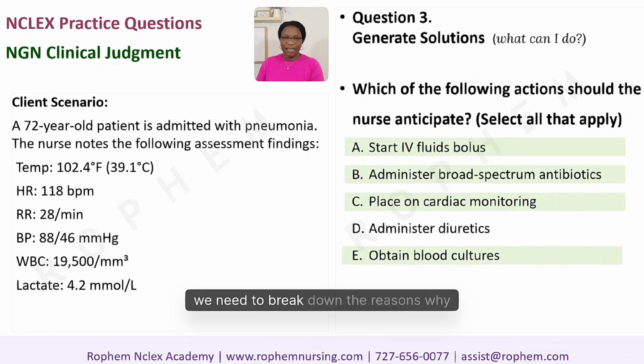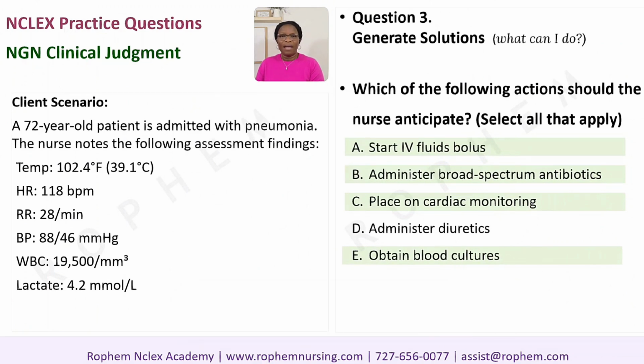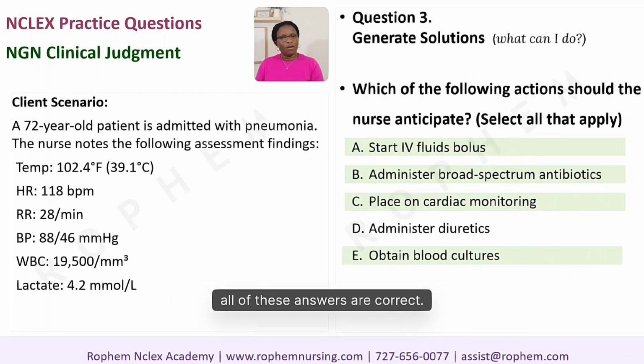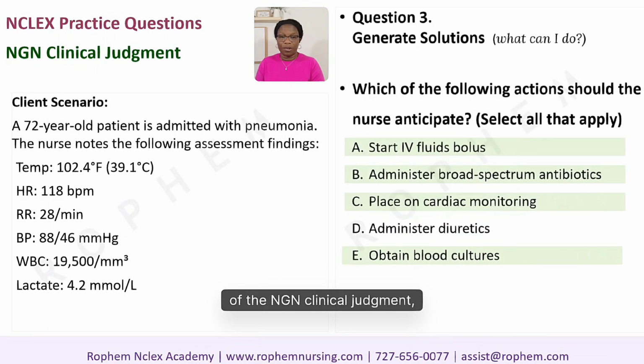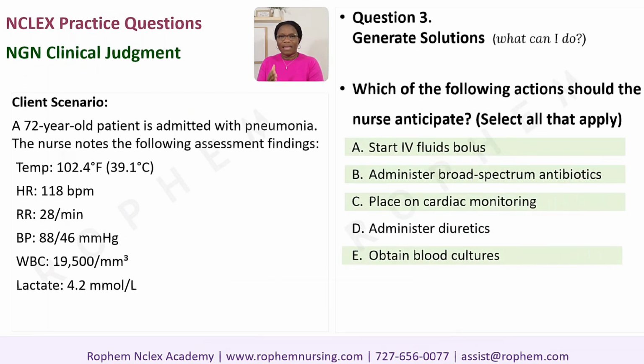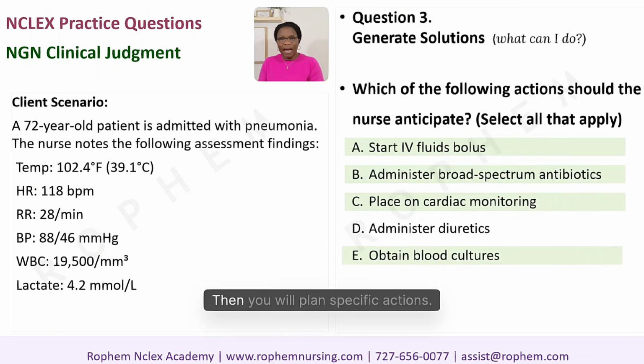Now, we need to break down the reasons why all of these answers are correct. In generate solutions, which is step number 3 of the NGN clinical judgment, you will need to identify the expected outcomes first. Then you will plan specific actions. These are the actions you need to achieve the desired outcomes.